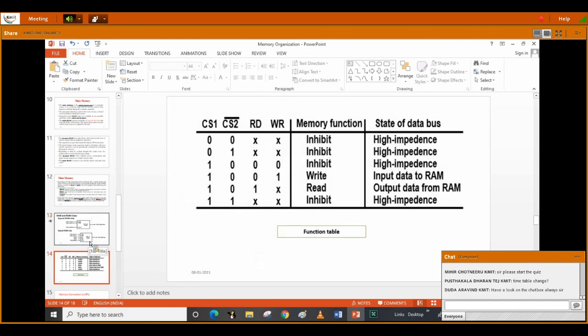Next one is the function table. If any doubt, yes. Now it is 5:36. I'm seeing some of the messages. Someone has raised a hand. Everyone raising the hand, ask me your question in a text message. Everyone ask your question in the chat box.